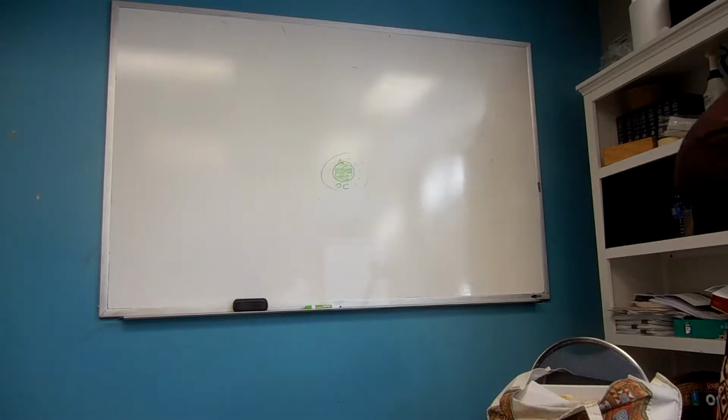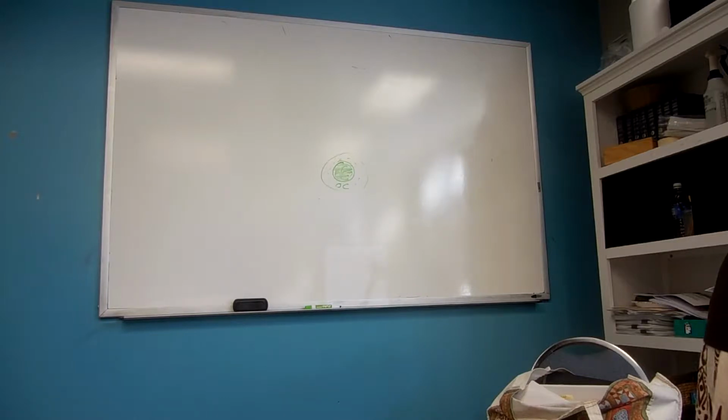So if a layer of sediment is being formed, laying down on the bottom of the ocean, or dust settling, anytime you have layers of sediment forming, any magnetic particles will align themselves with the Earth's magnetic field.